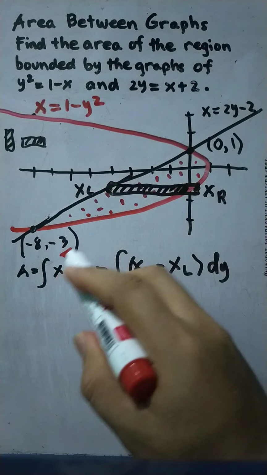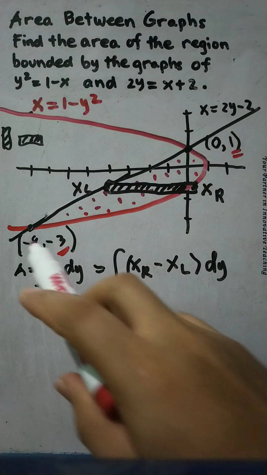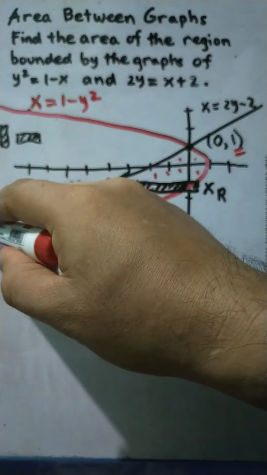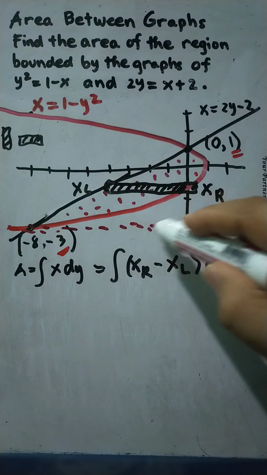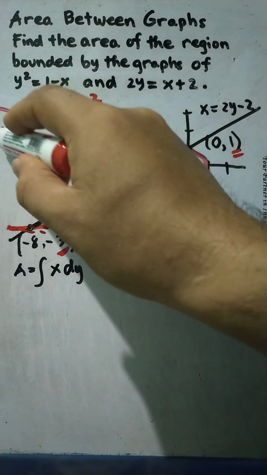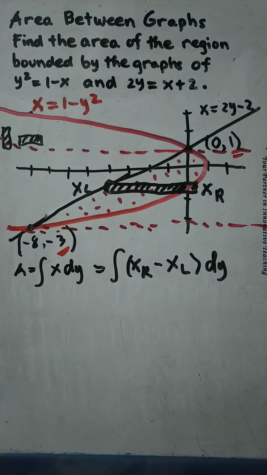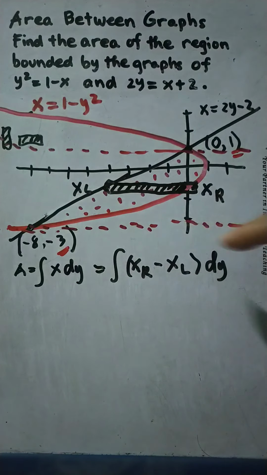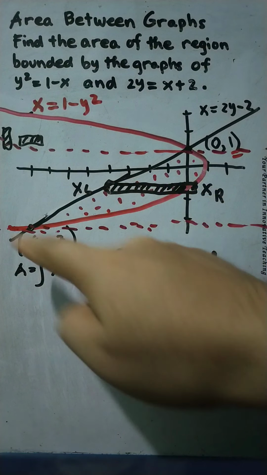This is x, this is y. Okay? Now, take note also that this region is within this one: 1, 2, 3, and then 1. The value of y, the lower limit, is -3.